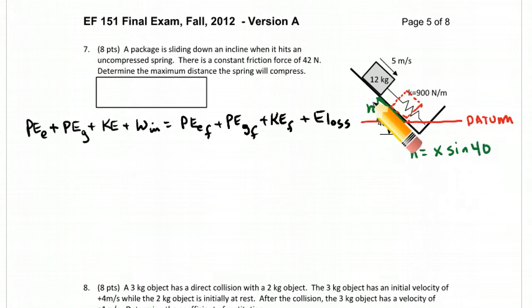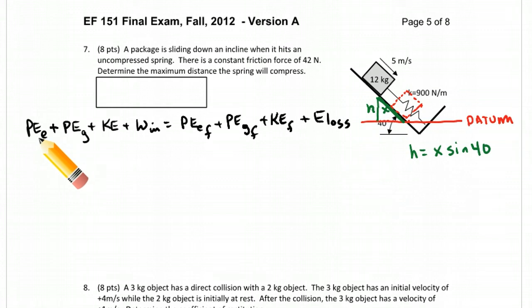So this relates our change in height for gravitational potential energy to the distance it slid along the block there, along the incline. Okay. So again, we're solving for x.